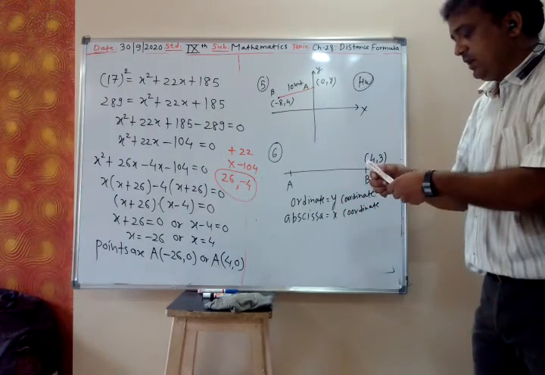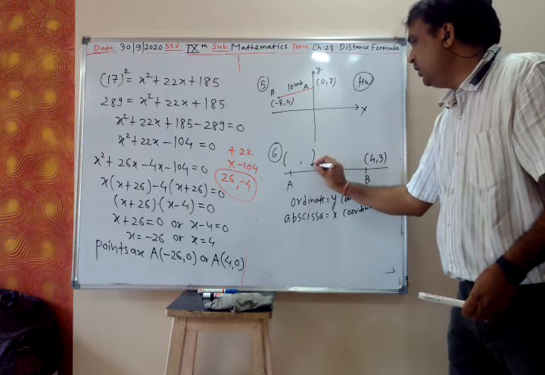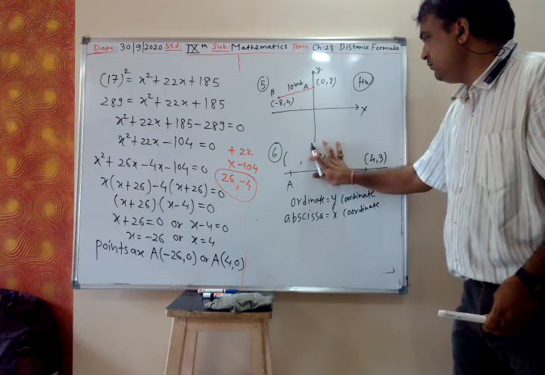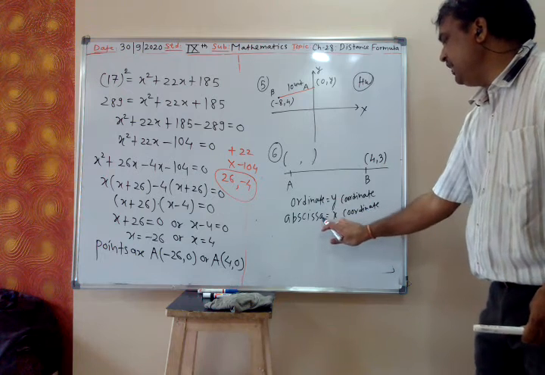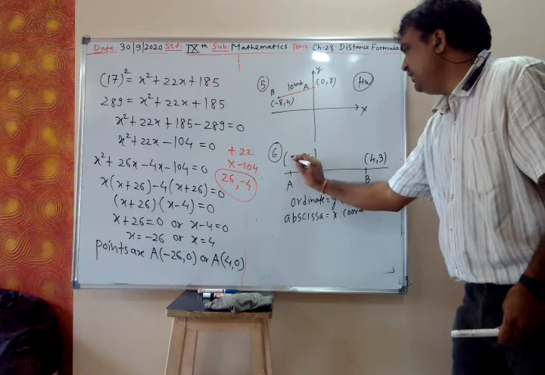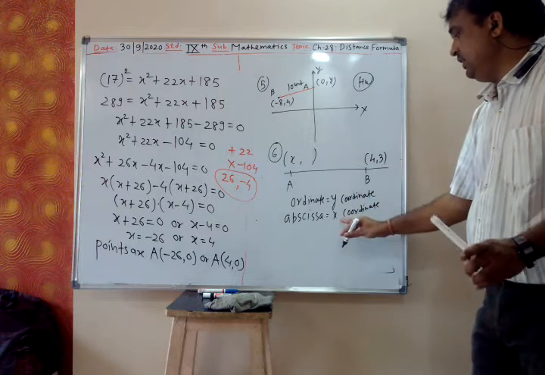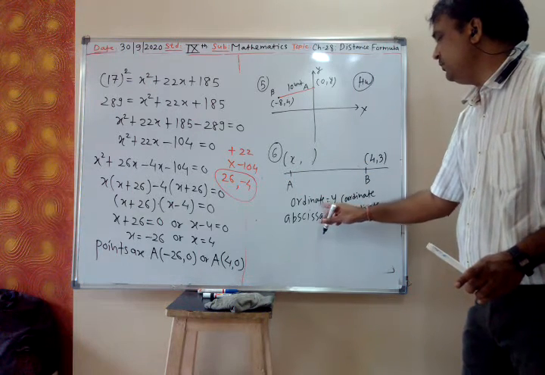Ordinate means y coordinate. So now let us take the coordinate of this point. Ordinate is twice of the abscissa. Abscissa means x coordinate. So let us take the abscissa, the x coordinate, as x. So what will be the y coordinate?